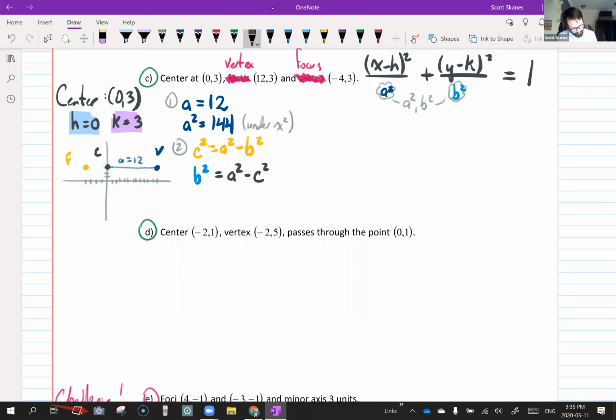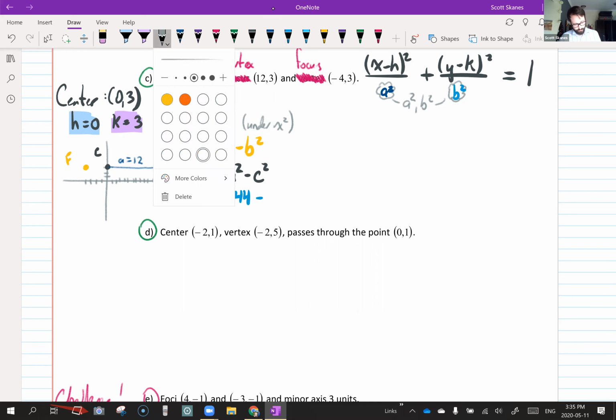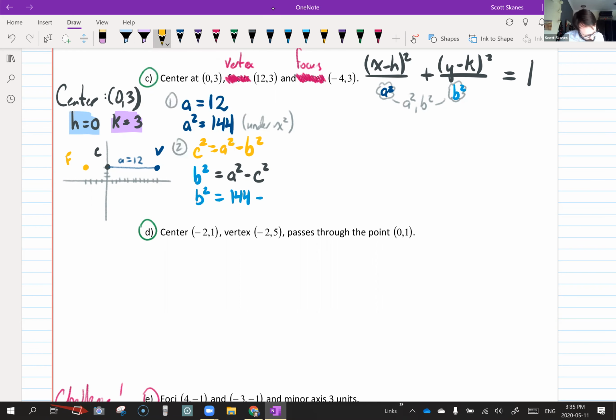Okay, so B. What is B? A squared minus B squared. So B squared is, what's A squared? 144. What's C squared? I didn't talk about what C was yet, but that's the distance to the focus. C is 1, 2, 3, 4. It's 4, so 4 squared.